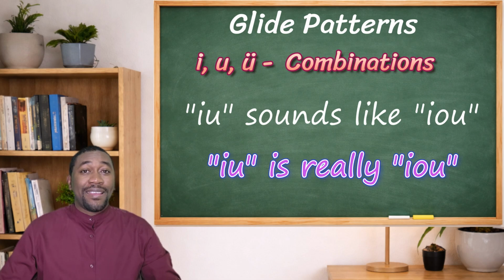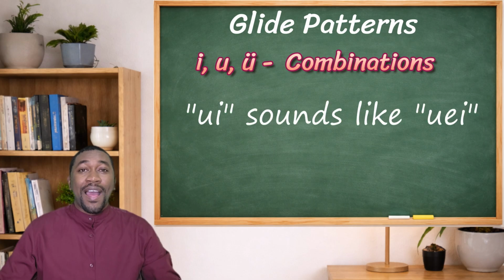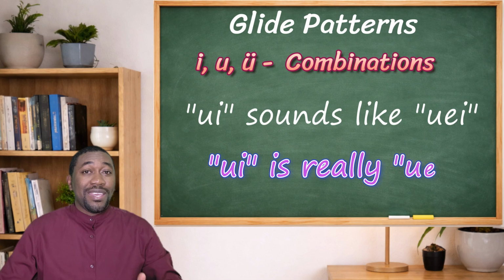And that's why it sounds like yo. Similarly for UI, it is a contraction for UEI. And that's why it sounds like way, way. So if you notice that as well, very good observation.